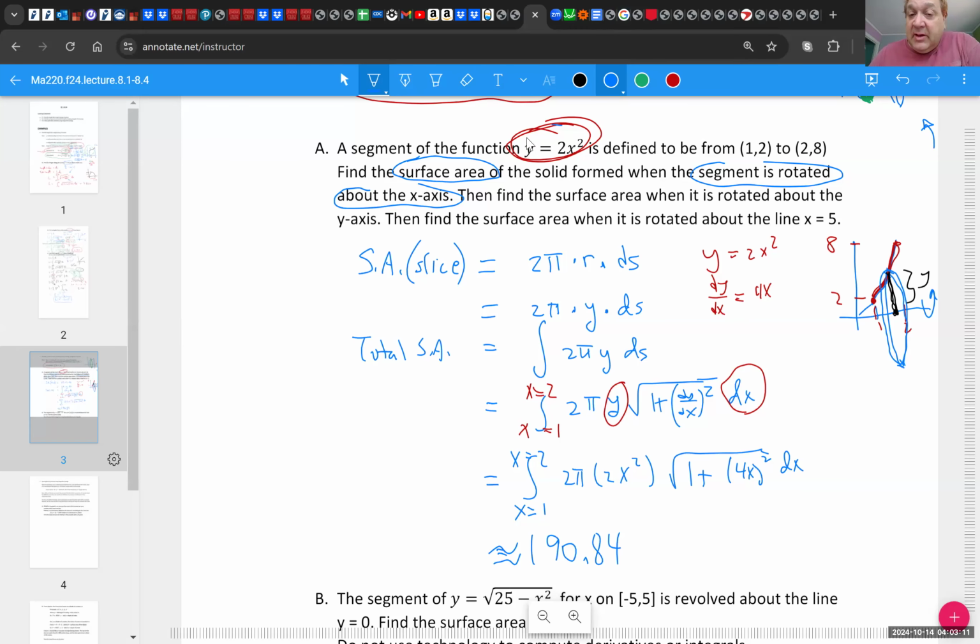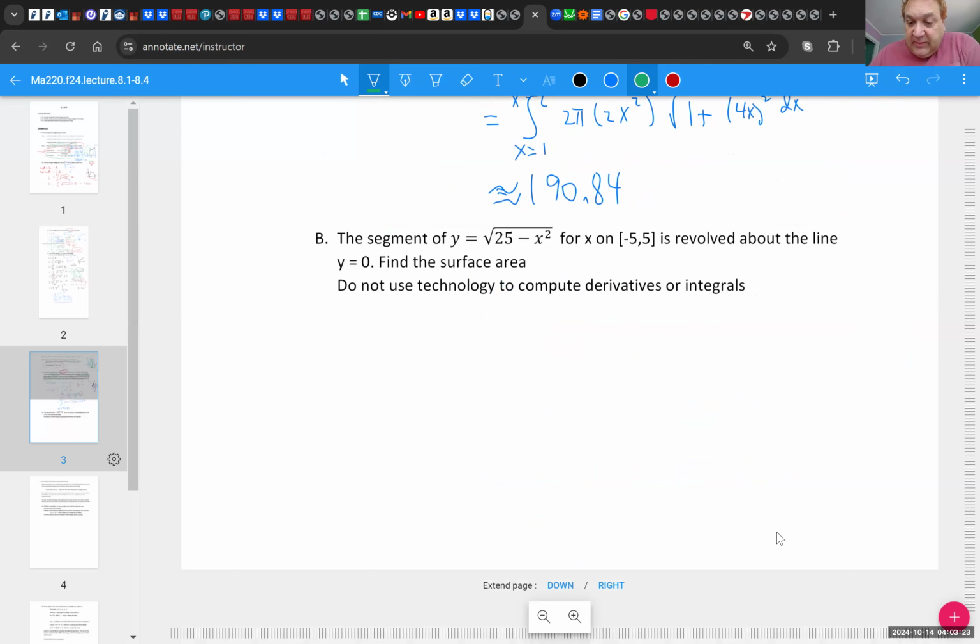Same function, y equals 2x squared, but we're now going to find the surface area rotated around the y-axis. So going around the y-axis this time. So let me just make some more space.